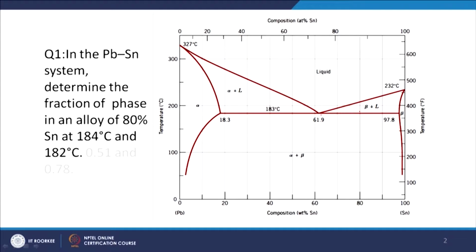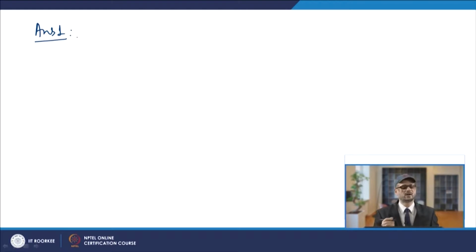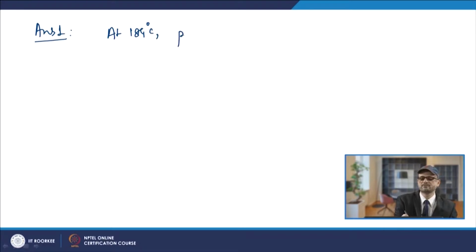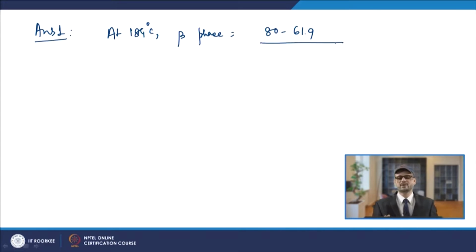So, if you see the answer of question 1, at 184 degrees centigrade, the beta phase will be 80 minus 61.9, which is the eutectic point, divided by 97.8 minus 61.9, where the tie line touches on the right hand side at 97.8.